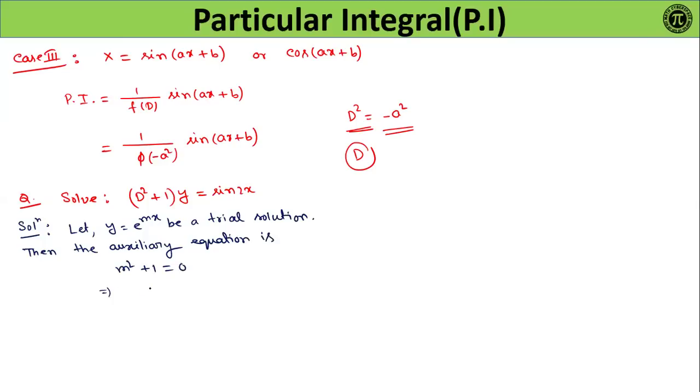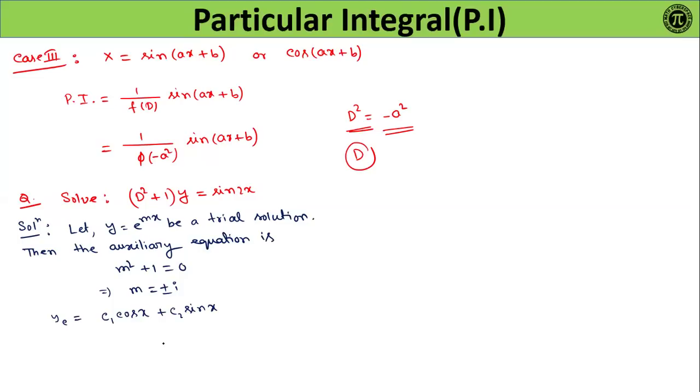That means m equals plus minus i. Okay, so obviously complex root, and you know when the result is complex root, yc is equals to e to the power, actually here the real part is 0, so that means e to the power 0 into x, and e to the power 0 is equals to 1. That's why I am neglecting. So only you will have c1 cos of x plus c2 sine of x. Clear now? c1 cos of x plus c2 sine of x. This is the complementary function.